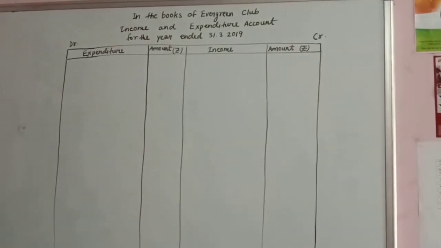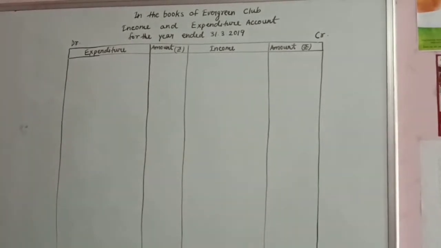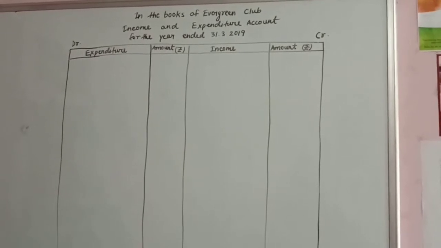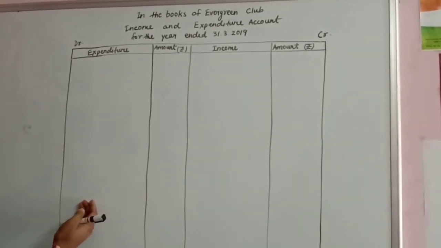Since it is a not for profit organization, we prepare this account called income and expenditure account. The debit side denotes expenditure, the credit side denotes income. So obviously all receipts will be related with income, all payments related with expenditure.